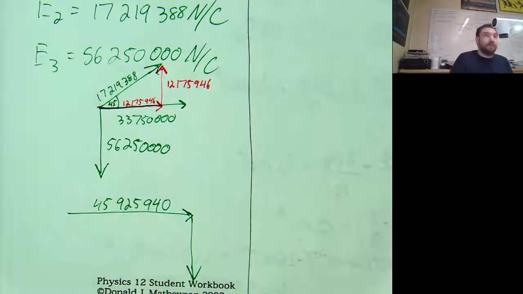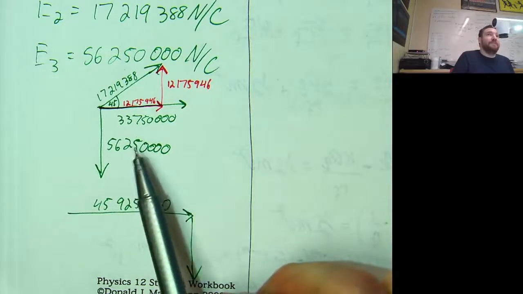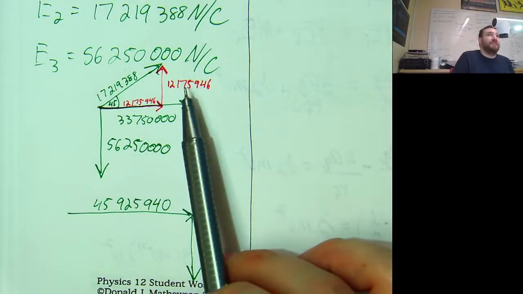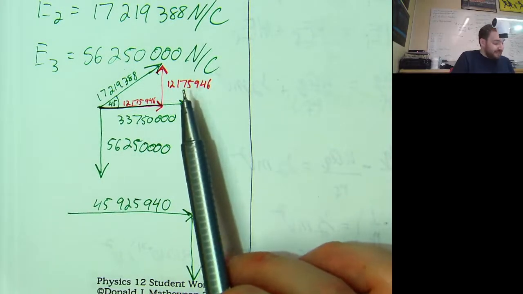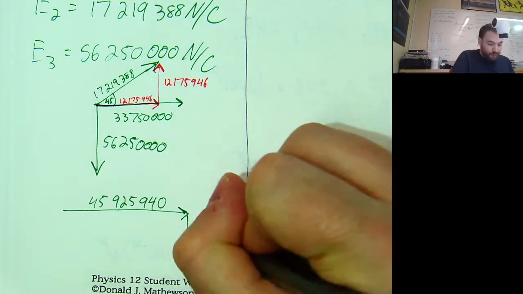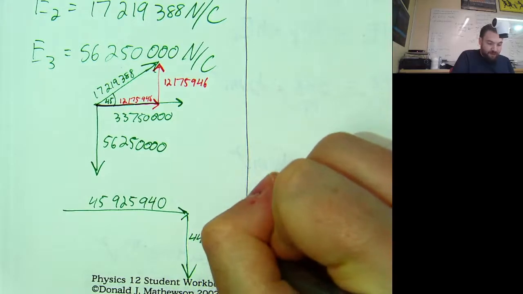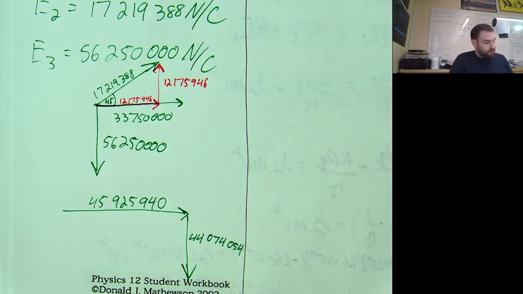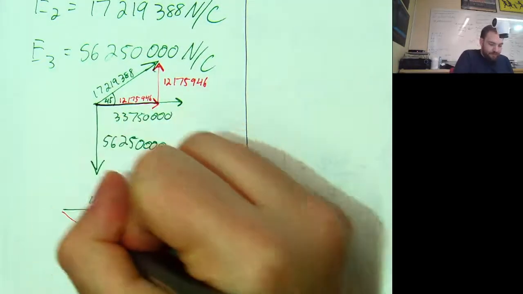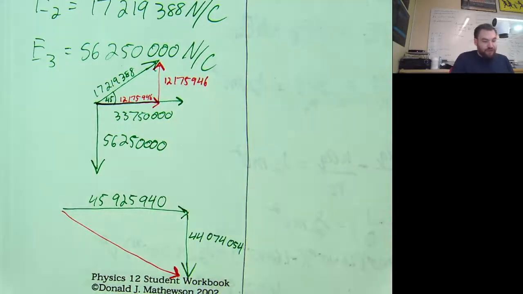So I'm ultimately going to have something that goes like that. 56,250,000 minus 12,175,946 is going to give me 44,074,054. All of these are measured in newtons per coulomb. So my electric field is going to go that way at point X.